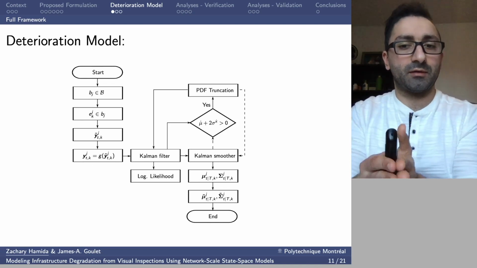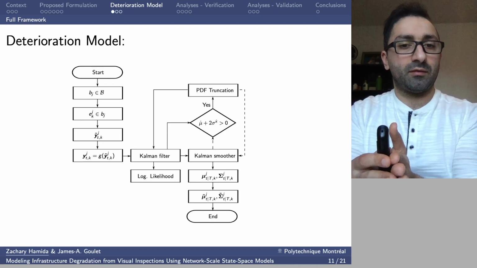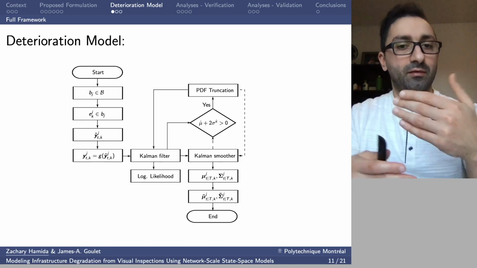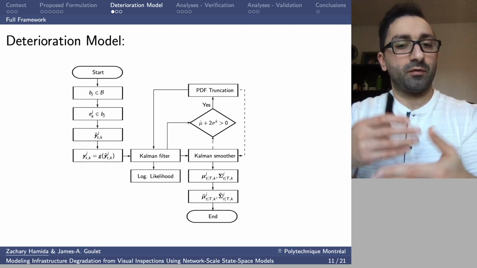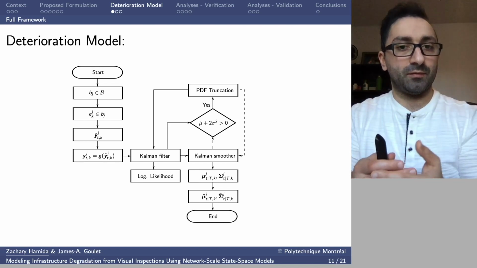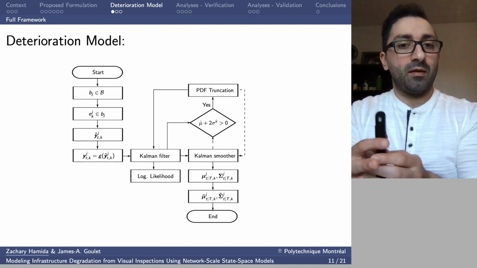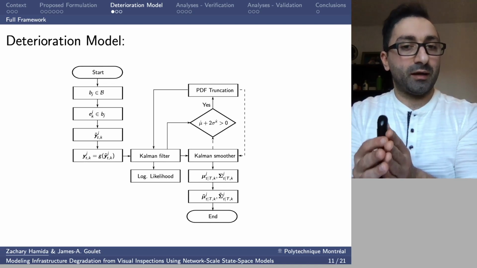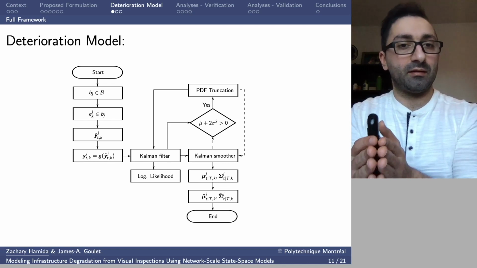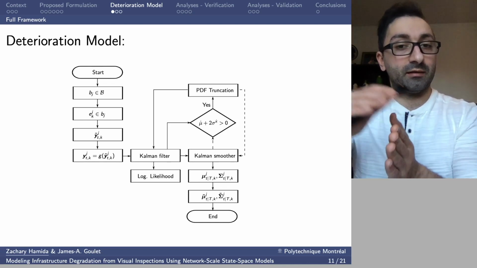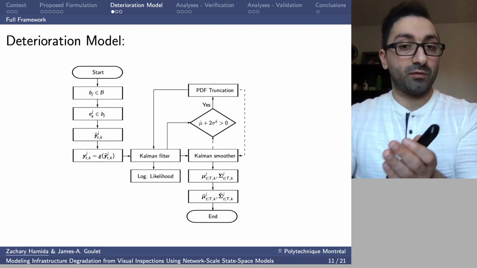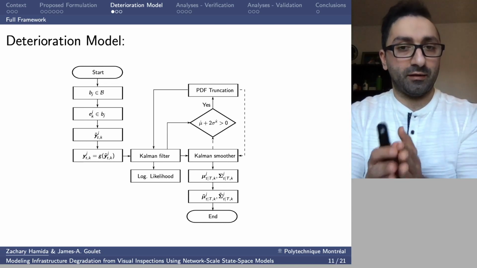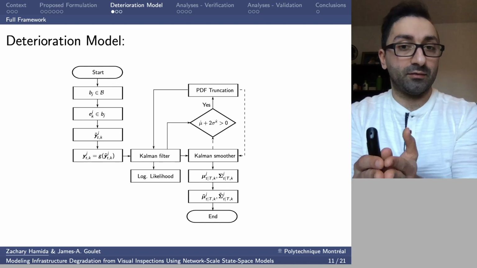Now, the Kalman filter would use the kinematic model to predict, and we would use the observation model to update, and so on. However, we still need to make sure that we are modeling a deterioration, that is a downward trend, and that's why we have to constrain the speed to be negative.